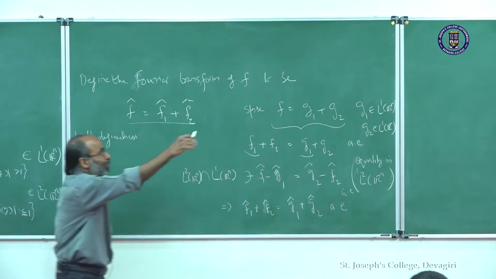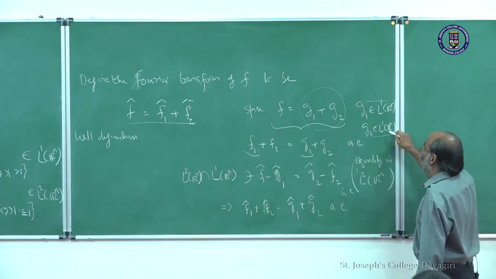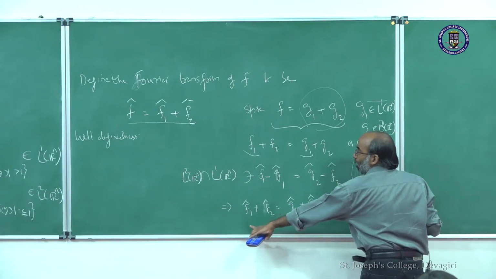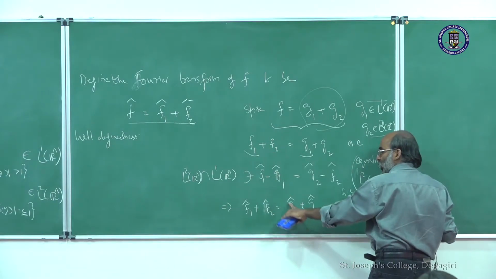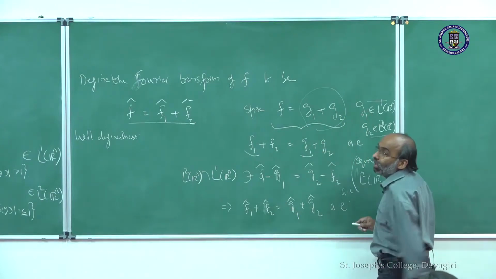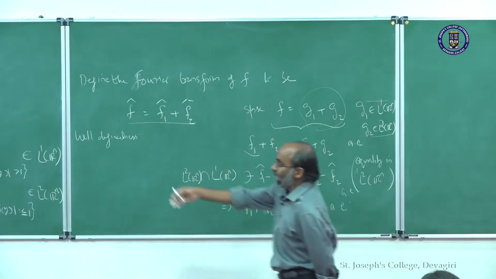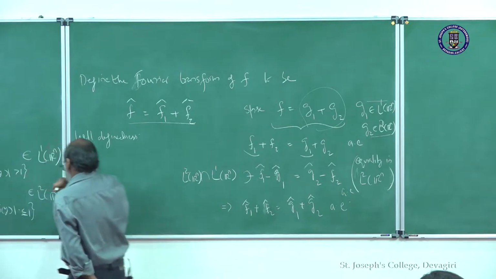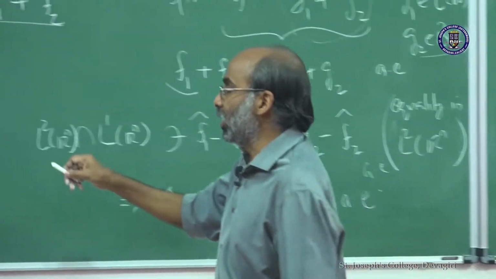Whatever splitting I take such that g1 is in L1 and the other is in L2, I have that f1 hat plus f2 hat, which is the definition of the Fourier transform in LP, is equal to g1 hat plus g2 hat, where this was an arbitrary splitting in the same manner. So this tells me it is well defined. Whatever splitting I take for f as an L1 and L2 function, I will get the same function. So this proves the well definedness.